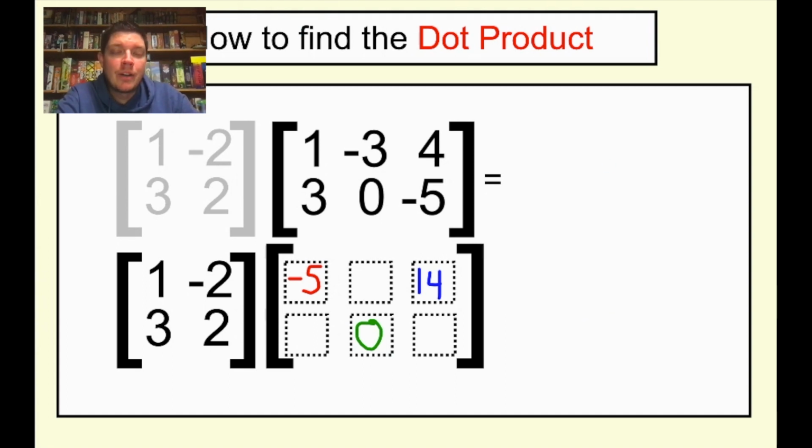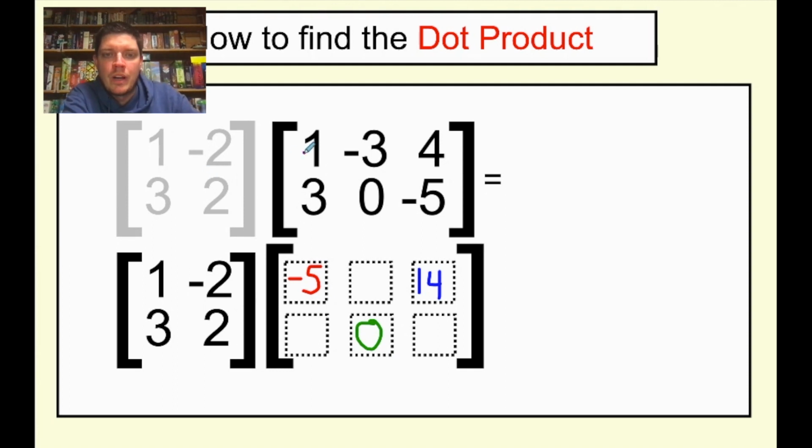And now I'm going to go ahead and find those numbers too. So let me change colors. For this number right here, it's in the second row, first column. Let me delete these arrows. I'm going to start with the numbers farthest away and work my way in.